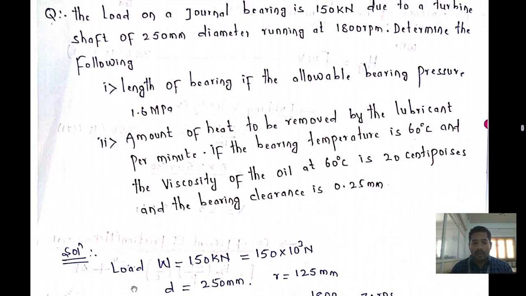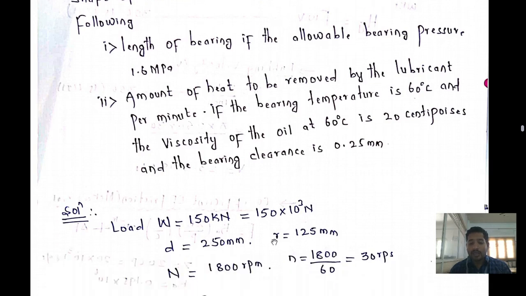So let us see over here, the load acting on the bearing is 150 kilonewton. If you want to convert to Newton, 150 as it is, kilo means 10 power of 3 Newton. Clear? And the diameter of the shaft given over here is 250 mm. D is equal to 250 mm. To find the radius, diameter by 2, 250 by 2, you will get 125 mm.